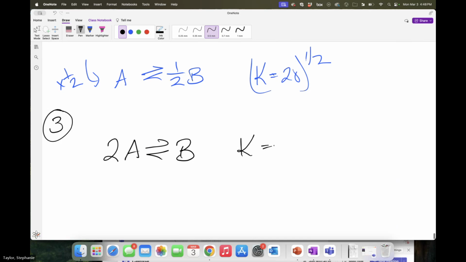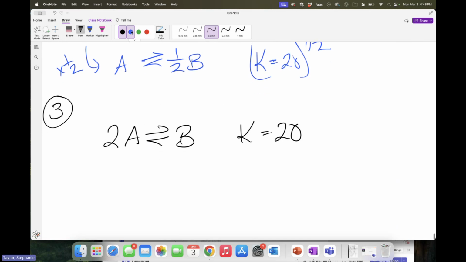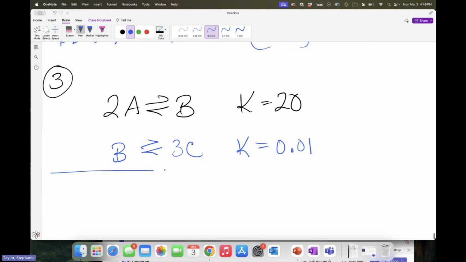So here's my original equilibrium. Then if I had one that was B in equilibrium with 3C, and I told you that this K value is 0.01, I could add these reactions together. So then my B's will cancel out.